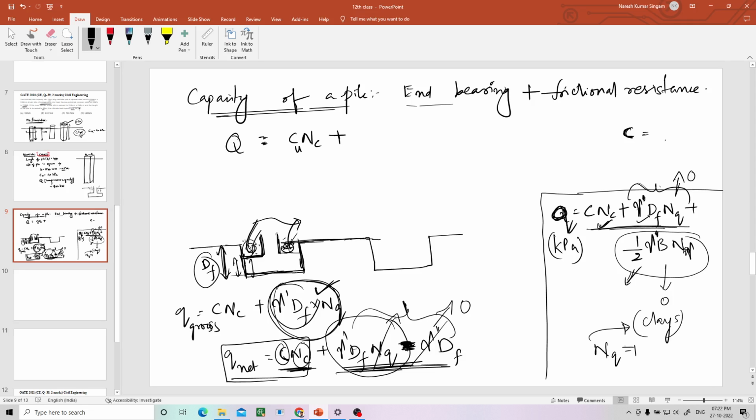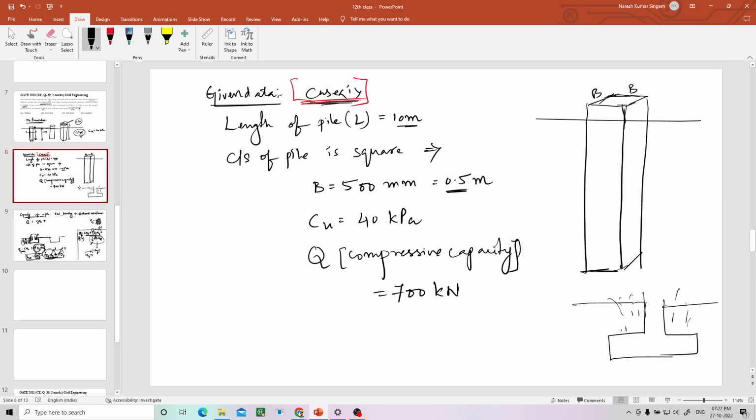But if it is in between two clay particles which are rolling one over each other, then the frictional resistance is equal to c. But here we are talking about the frictional resistance in between the surrounding clay and the pile which is inserted.